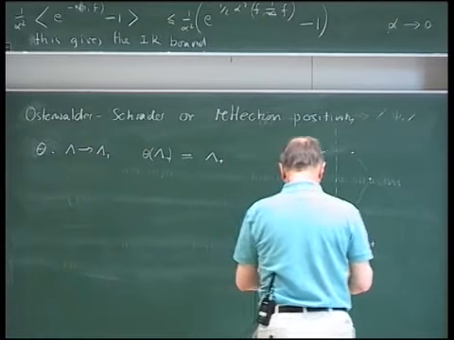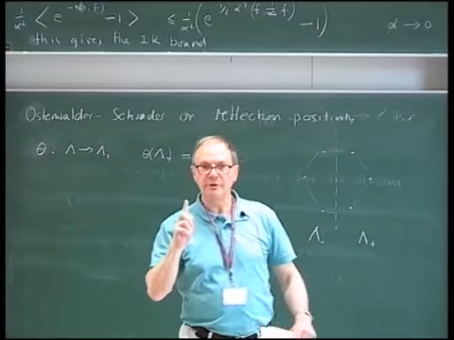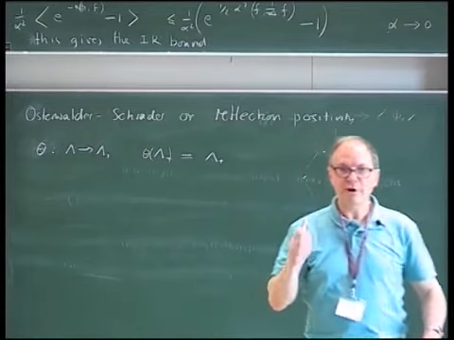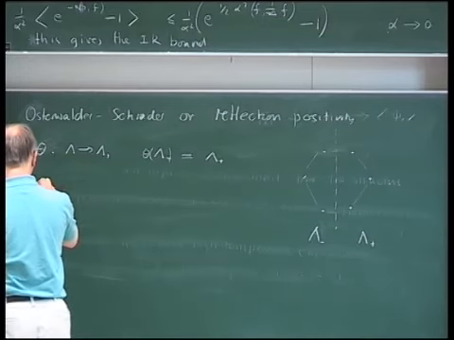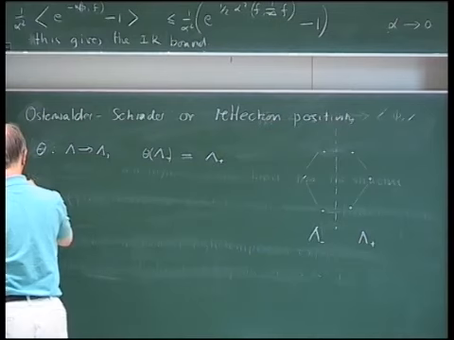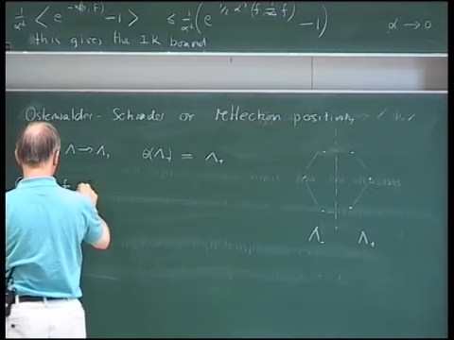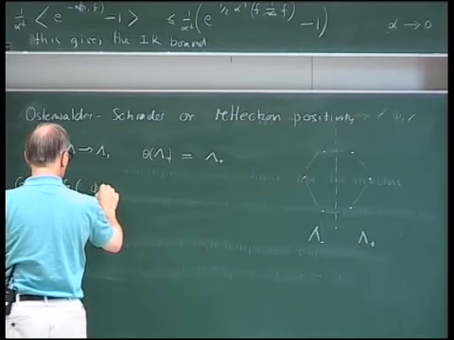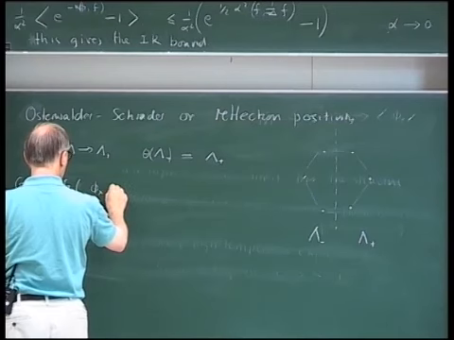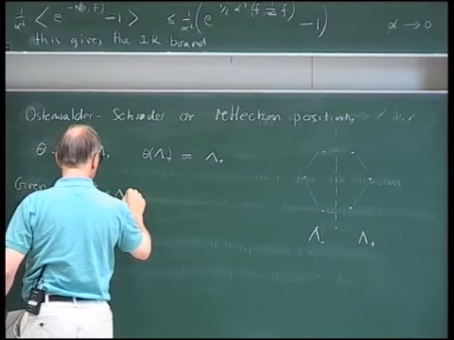Although I'm going to use the same letter, theta, for reflecting a function of fields. So given f, which is a function of the fields, I'll write it as a function of phi sub x, where x is in the left half, or maybe I want the right half.